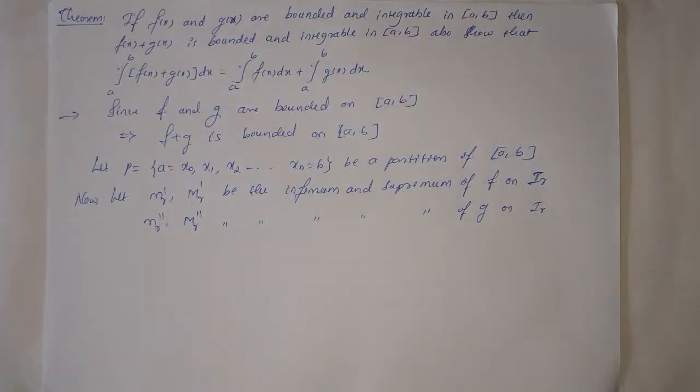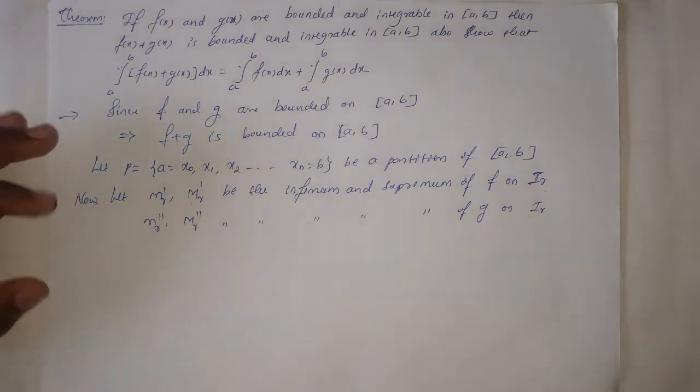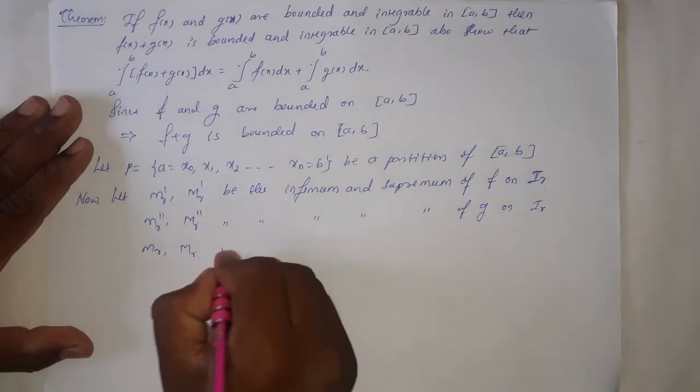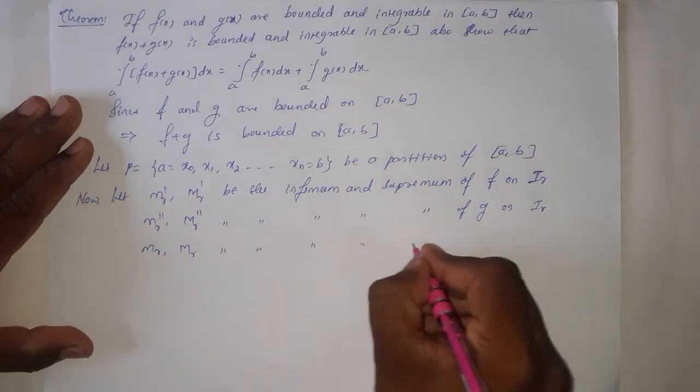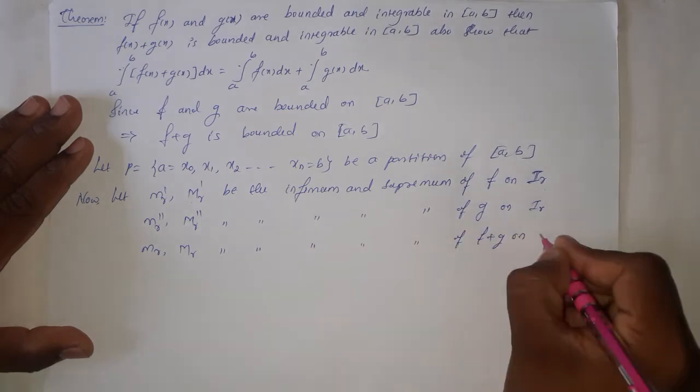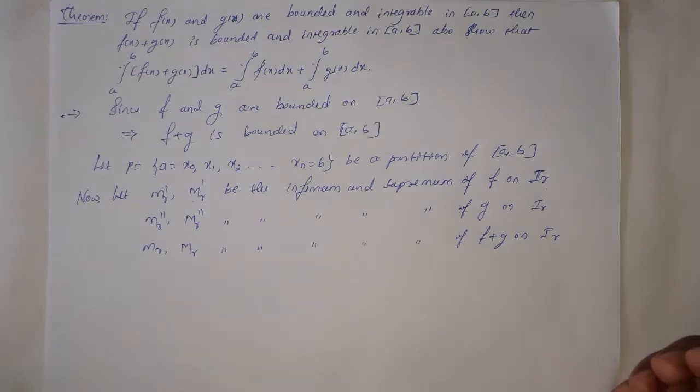So, they are the infimum and supremum of the function g on the rth subinterval, and small mr, capital Mr be the infimum and supremum of f plus g on IR.